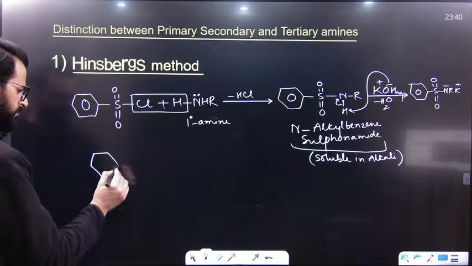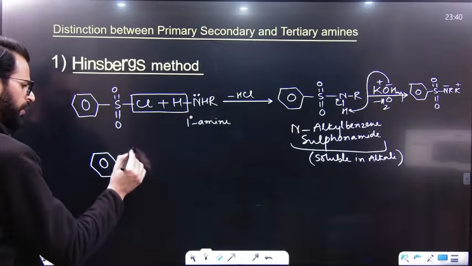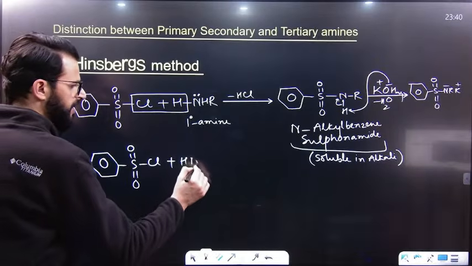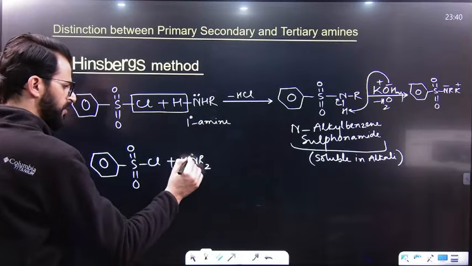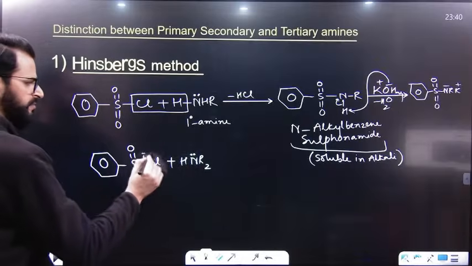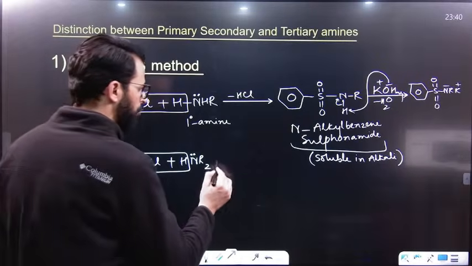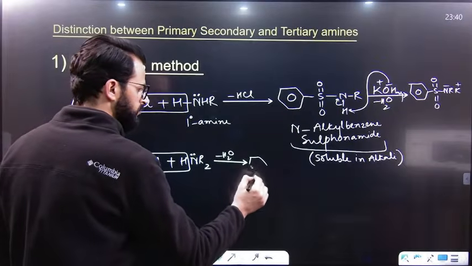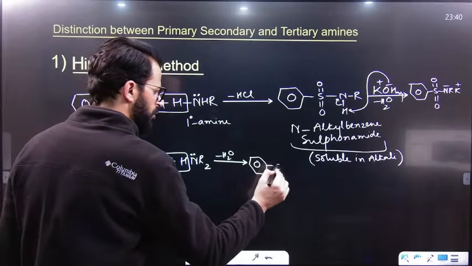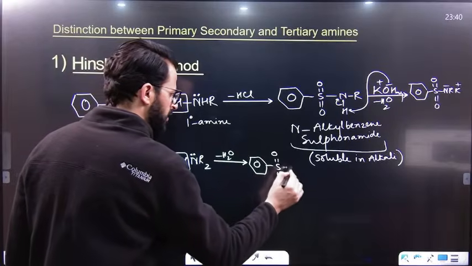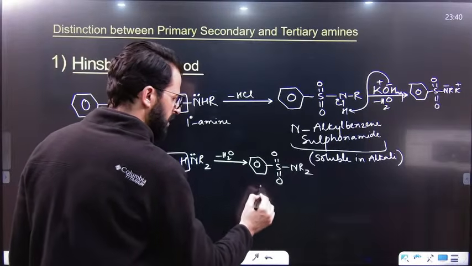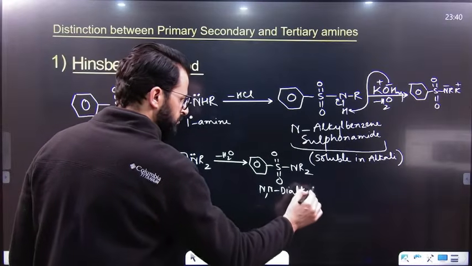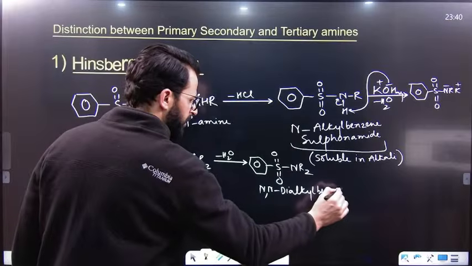Similarly, if benzene sulfonyl chloride or Hinsberg reagent reacts with secondary amine, once again it will attack over here, Cl minus will lose, Cl minus will accept that H. So it will result in the formation of N,N-dialkyl benzene sulfonamide.